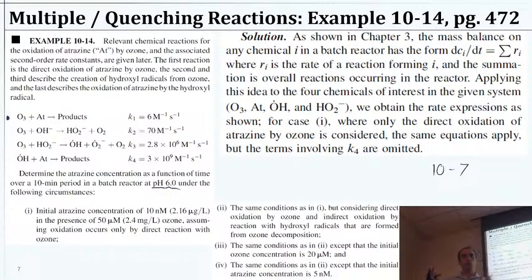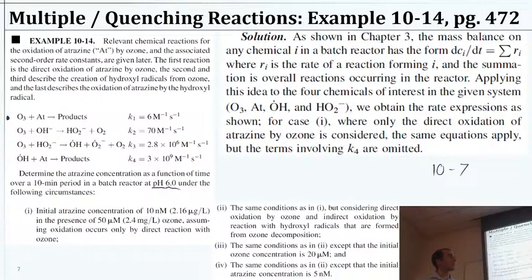Apply this idea to the 4 chemicals of interest in the given system. The chemicals of interest would be anything on the left side here, right? We have ozone, atrazine, OH minus, but we already said that's not of interest because we're going to keep that constant. Then we have this HO2 minus and hydroxyl radicals. So that gives us our 4 there that we're interested in.